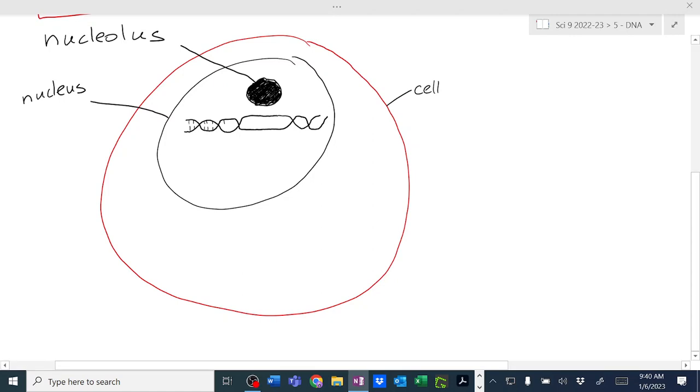If you're really lazy and you just want to draw lines straight across, you can, but ooh, I should have made that bigger. Oh, well, that's okay.